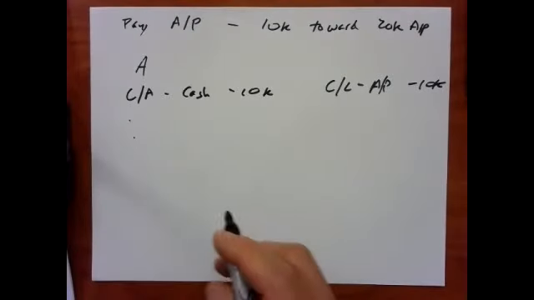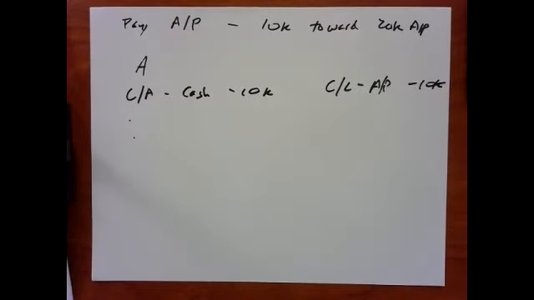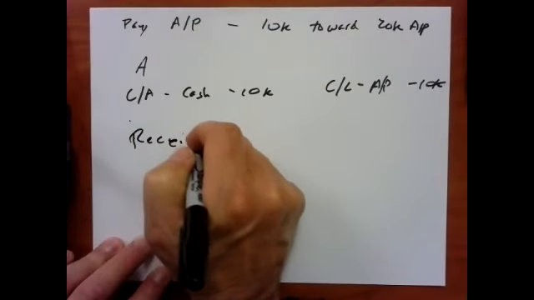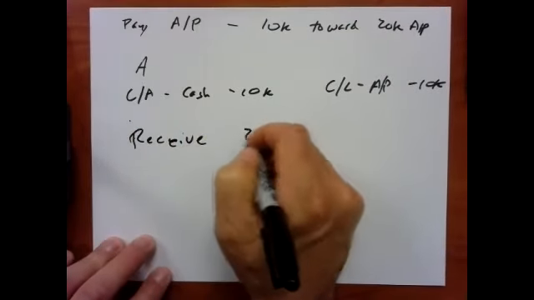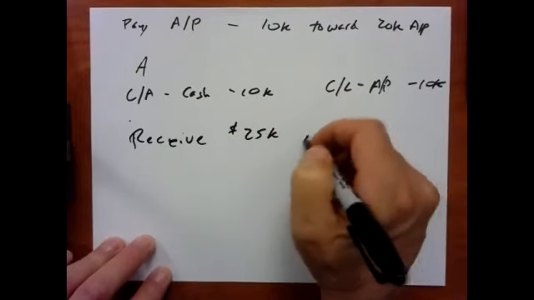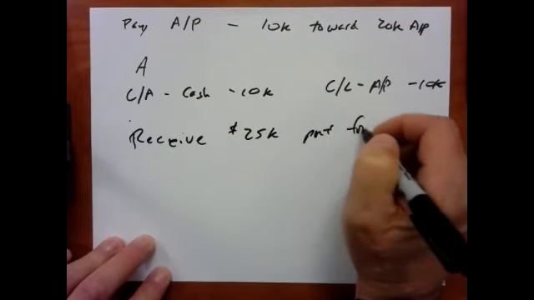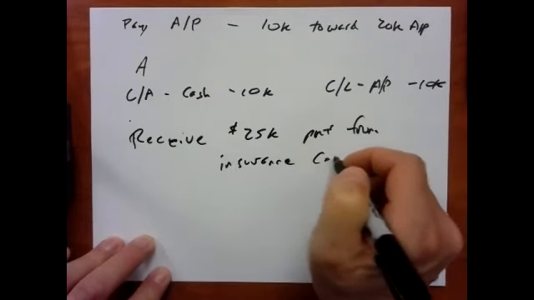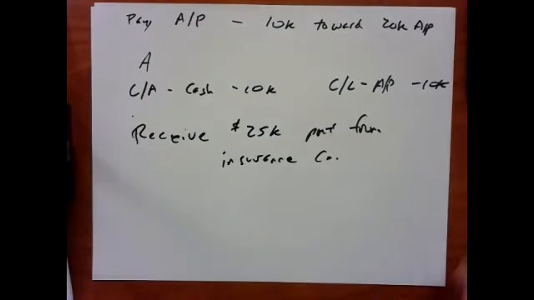We receive payment from our insurance companies. Let's say we receive $25K payment from insurance companies. What happens? So we get a check in the mail for $25,000.